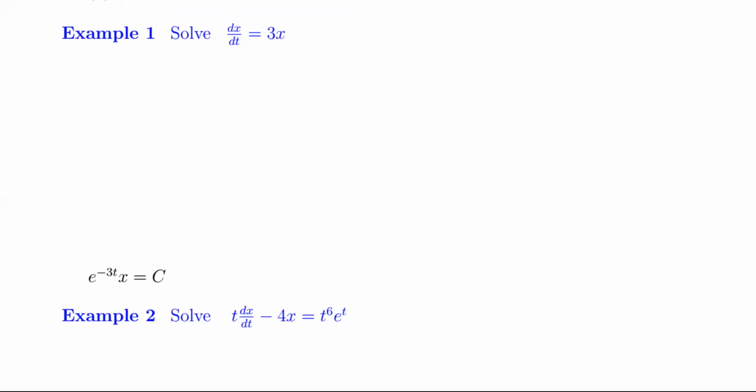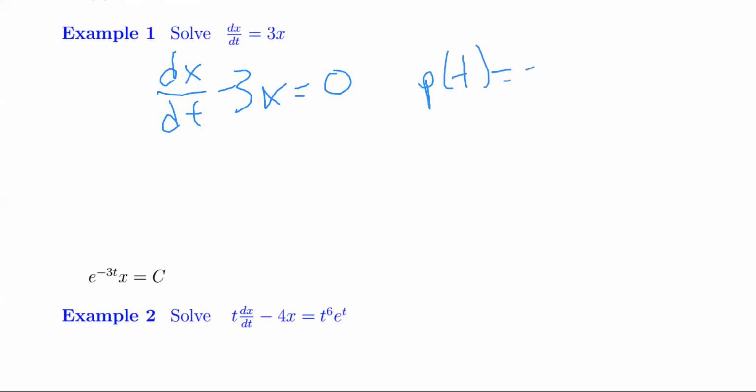So we have this equation dx dt is equal to 3x. We want to write this into standard form. This is dx dt minus 3x is equal to 0, right? We just subtracted 3x over to the other side, and this is our standard form. If we write it out like that, what we notice is that p of t is equal to negative 3.